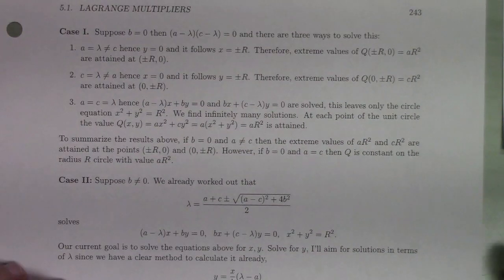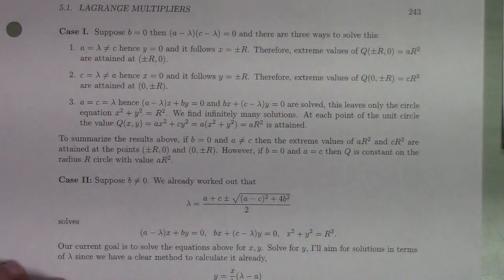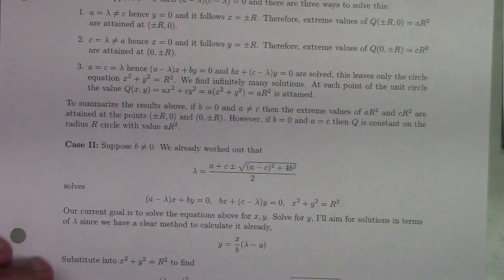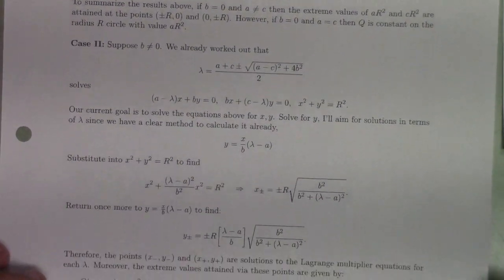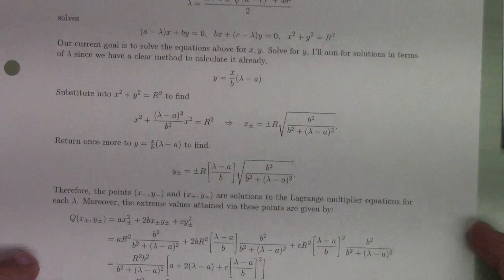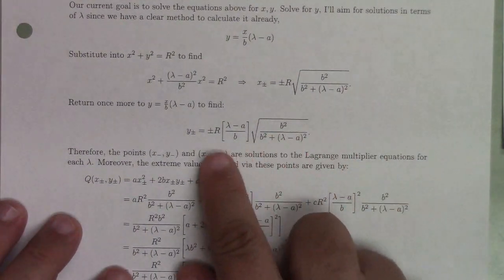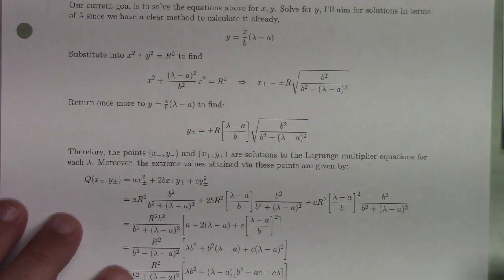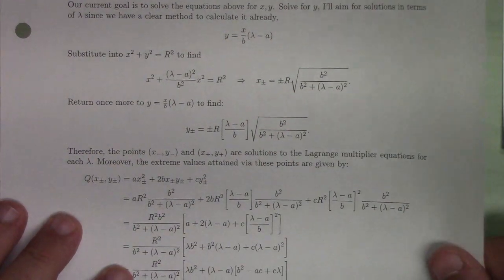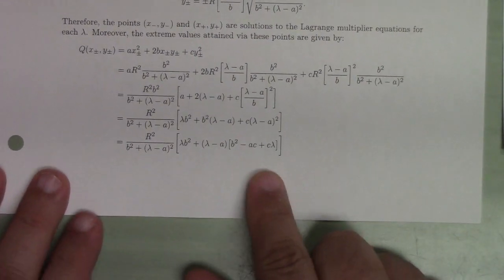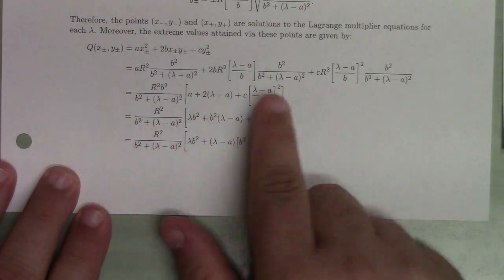Eventually I come to the conclusion that the extremal values are attained at x equal to that or y equal to that, and if you plug those into the formula for the quadratic form, you get this.